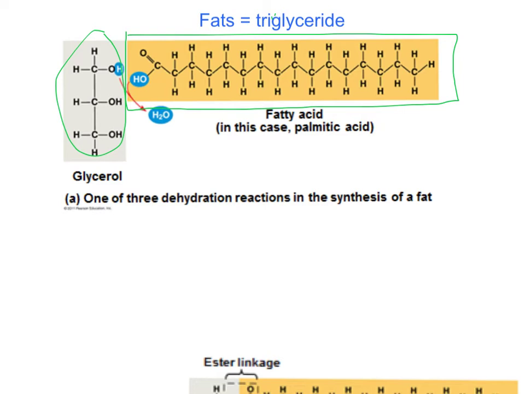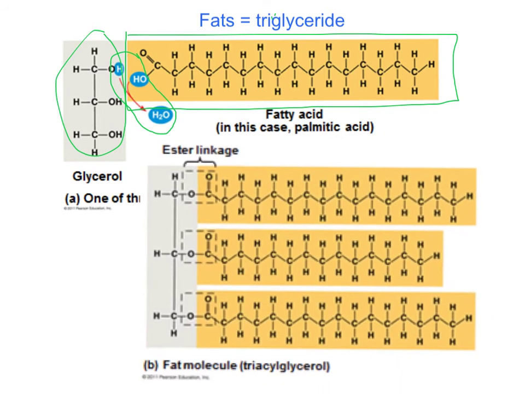So these fatty acids will attach to the glycerol molecule doing this dehydration synthesis. So we remove the water molecule and we will end up attaching three fatty acids to get a completed fat or triglyceride. So I've got my glycerol molecule here, three ester linkages, which were formed by dehydration synthesis.